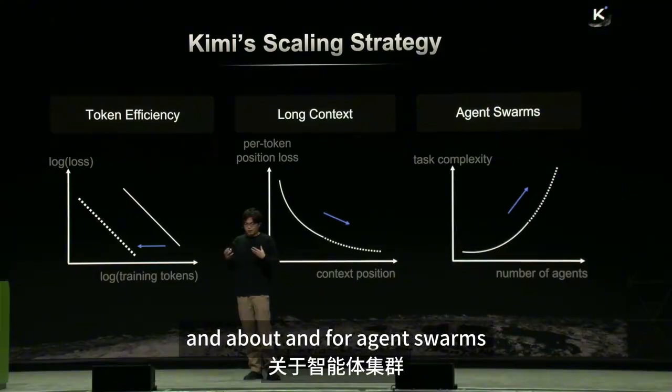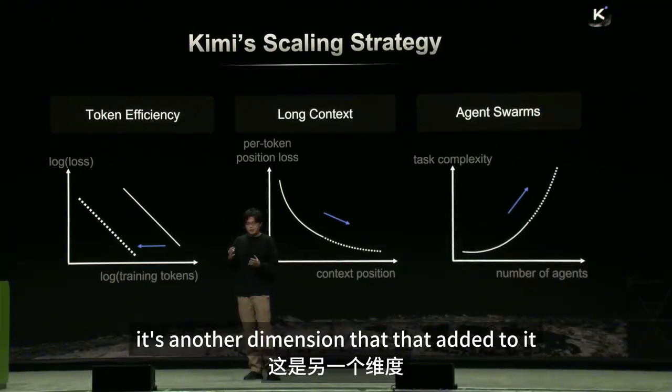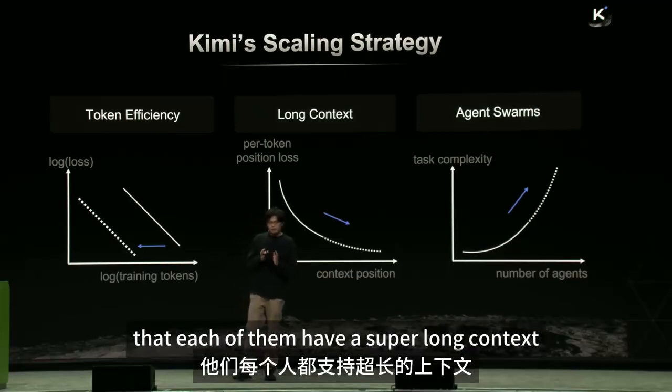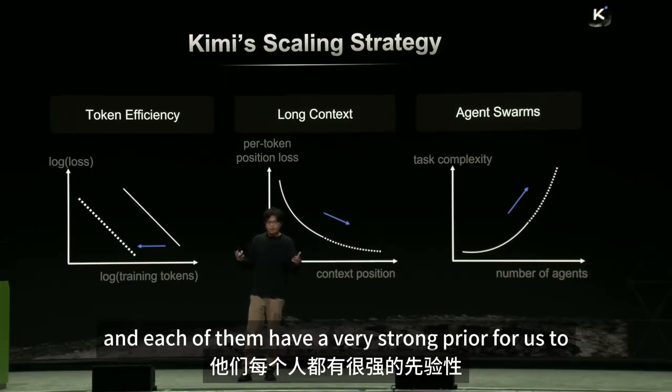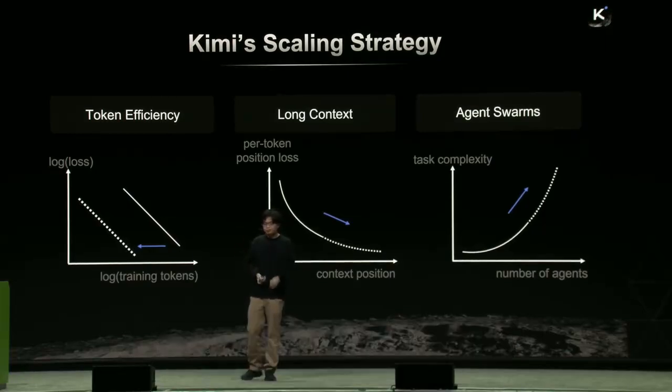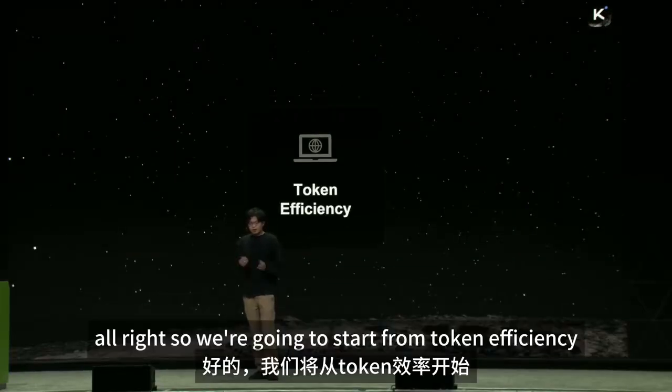And agent swarms are another dimension that adds to it. At the end of the day, we're going to have a swarm of agents, each of them with a super long context, and each of them with a very strong prior for us to search in this entire agent RL system.